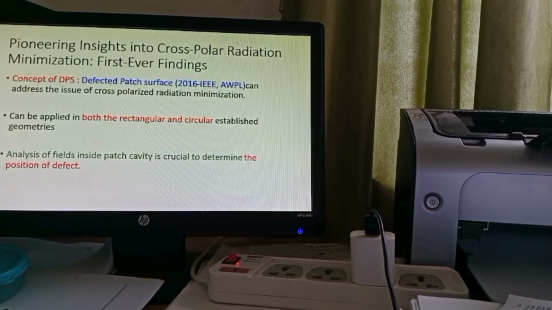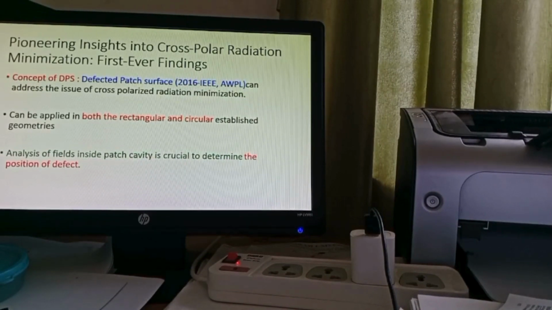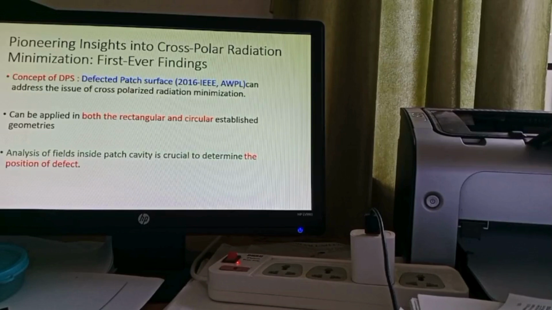Even some companies have used it, and it is found to be working satisfactorily, for rectangular and circular geometry of patch antenna. We preferred rectangular and circular geometry because of their established theoretical concept, and industries generally prefer to use the conventional geometries. So whatever techniques we have evolved here have been examined over the conventional structures.